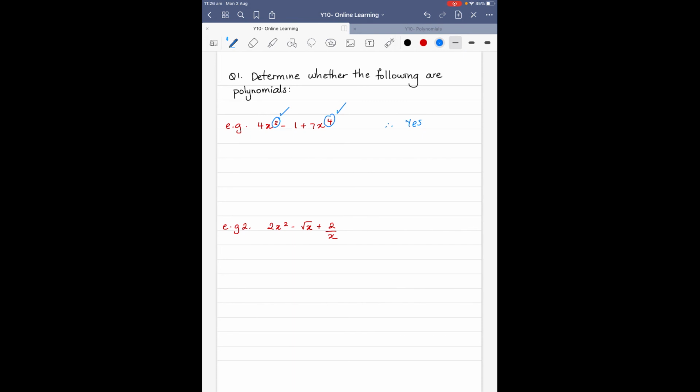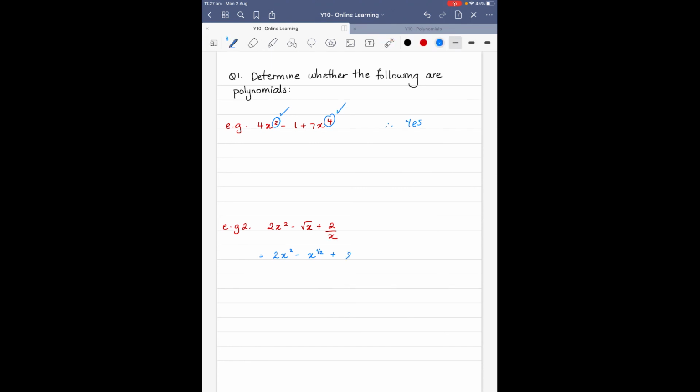Cool. Looking at your next example, we can see that we have a square root and a fraction. They are so ugly in an equation. We want to get rid of the ugliness, so let's change it into powers. So we have x to the power of half. And then if you want to bring this x back up from the dead, so this is the ground, it's underneath, you want to bring it back from the dead.